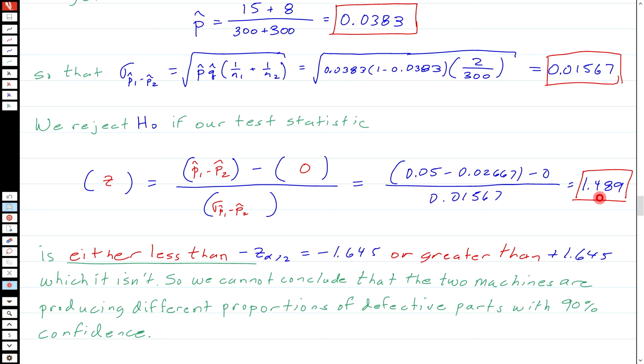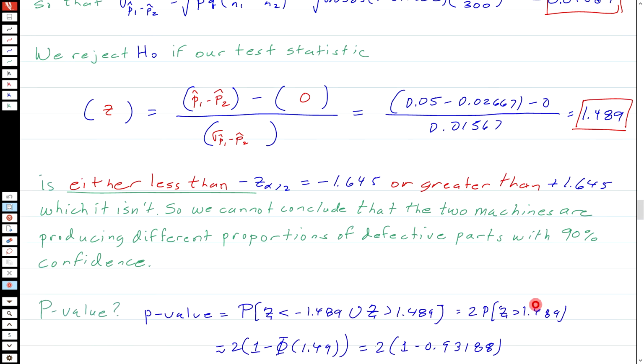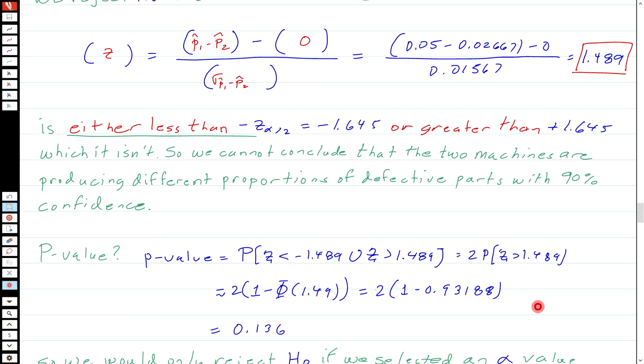And this number here is not greater than or less than, so we cannot conclude that the two machines are producing different proportions of defective parts with 90% confidence. This number is sort of close to this, so I might be able to conclude this with like an 80% confidence. We'll see that when we get to the p-value here.